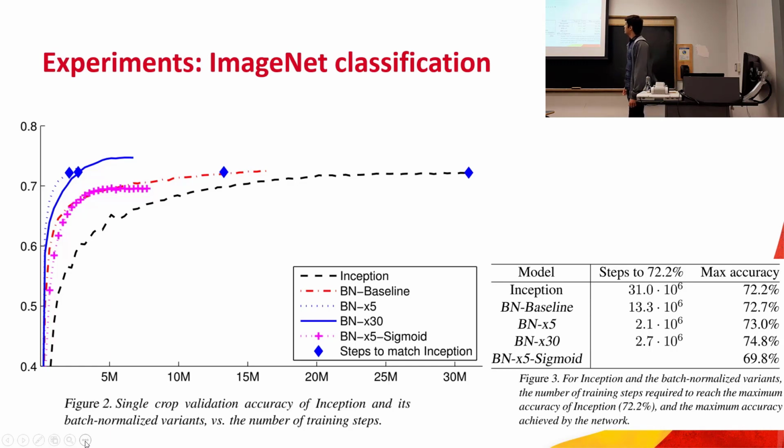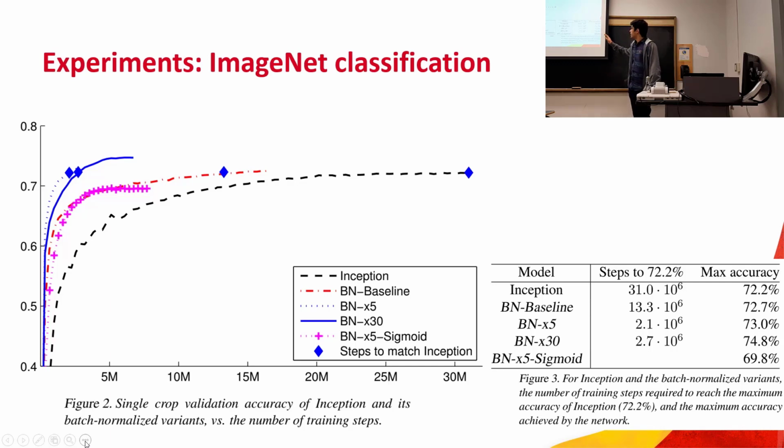But one thing to point out is that when we are using batch normalization with 30 times the learning rate of Inception, an interesting thing happened, and that's we get to a higher accuracy. That's basically this blue third line. We get to a higher accuracy, but slower than the 5 times learning rate. And that's the best thing that they got there.